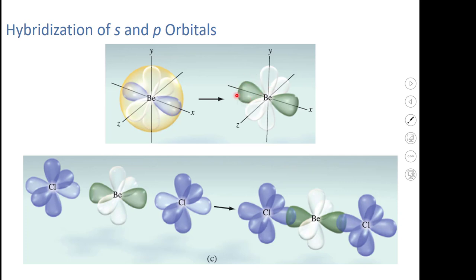This is one of the sp orbitals, and here's the other one 180 degrees away from it. Now if I come in with my 2 chlorines, and I bond into those hybrid orbitals, I end up with identical bonds on both sides that are 180 degrees away from each other.